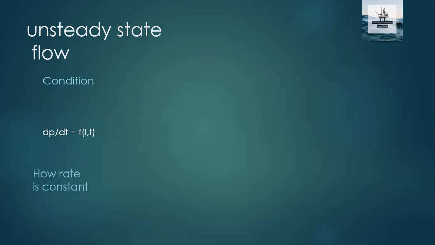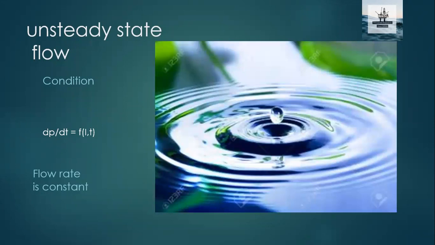Then how can this unsteady state flow be observed in a reservoir? Let us imagine a pond of water. If you throw a stone in the pond, you can observe some kind of ripples. These ripples will be generated near the stone where it touches the surface.